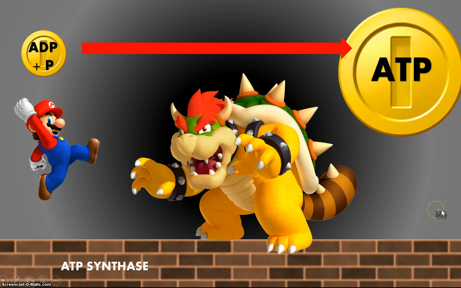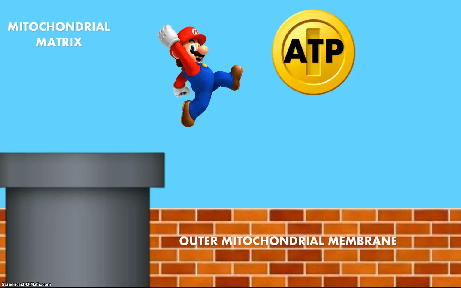So what ATP synthase is going to do is use that energy that is coming from the electron transport system that we saw with Luigi in the boxes, and it's going to bind that phosphate group to the ADP and allow ATP to come into existence. Now, the important thing here is as this ATP is being thrown back into the mitochondrial matrix and we have this energy now for the body to use, energy conversions are never exact.